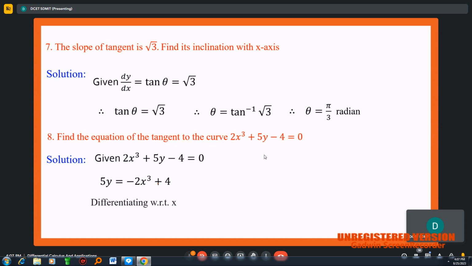Next, differentiating with respect to x: 5 into dy by dx is equal to minus 2 into the differentiation of x cube, which is 3x square, plus the differentiation of 4, which is 0. Simplifying, taking 5 to this side, we get minus 2 times 3 is 6, so dy by dx is minus 6x square by 5, which is the required slope of the tangent to the curve.